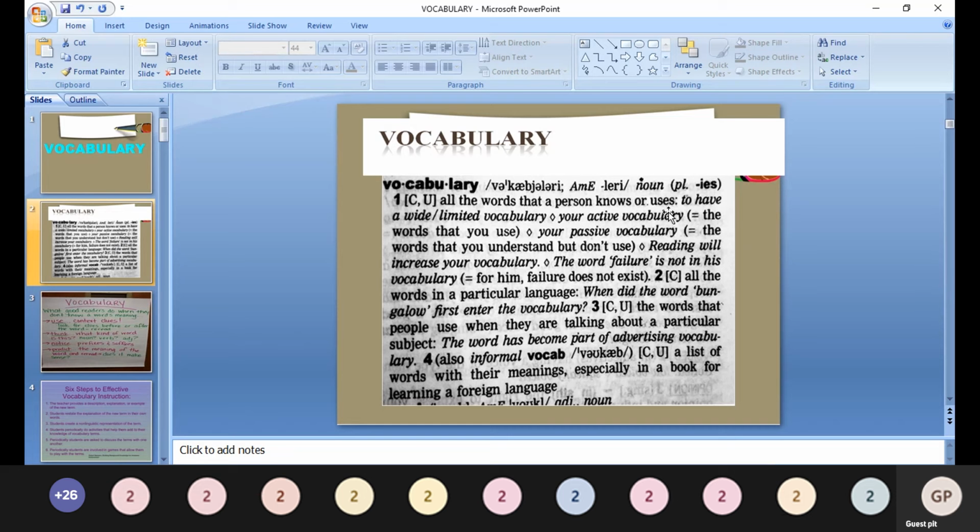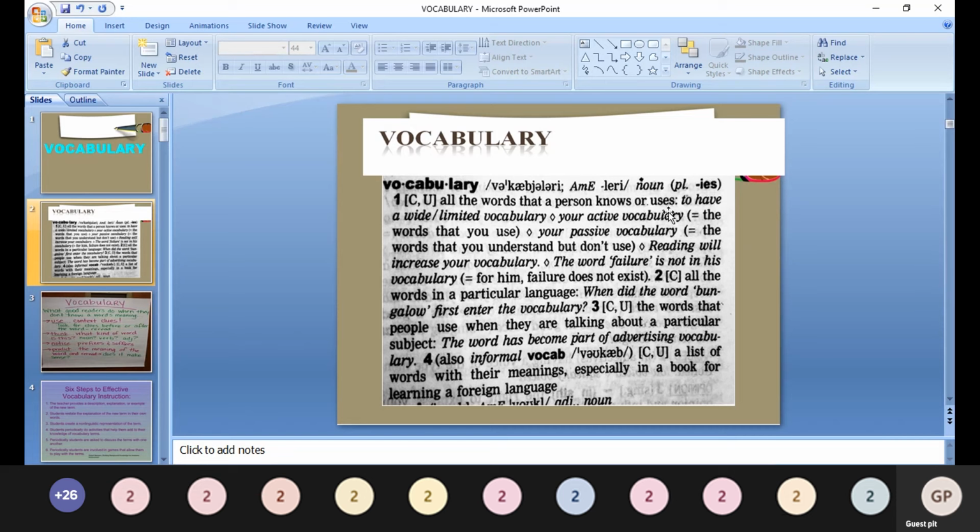When it comes to usage, you may know a huge number of words. You may have a good knowledge of vocabulary, but when it comes to usage, it becomes very limited. Sometimes we'll be groping for words, thinking, oh, what is the meaning? You will know the one word substitute, but when you keep thinking at that point of time, you will not get the word.